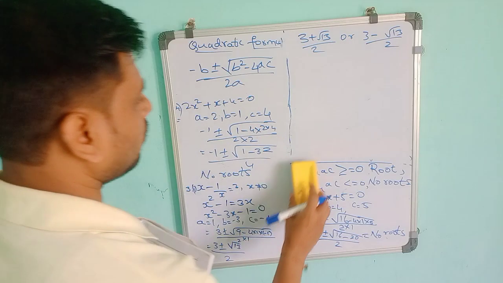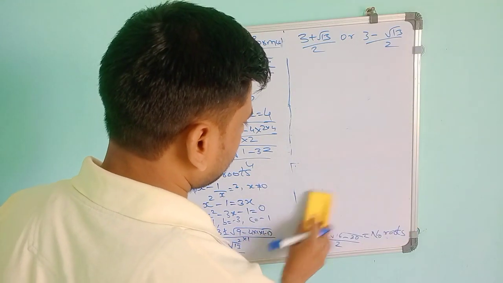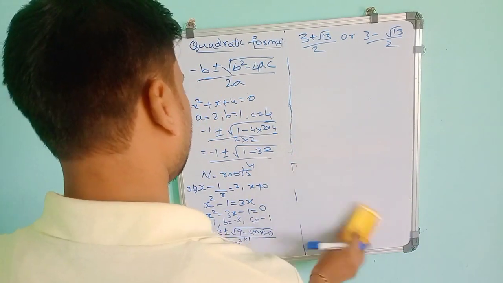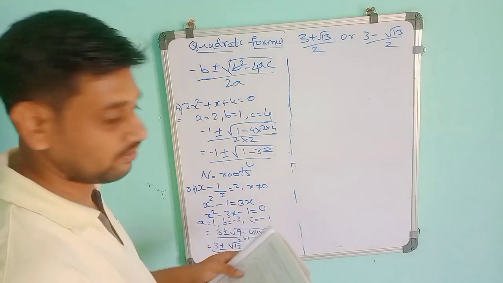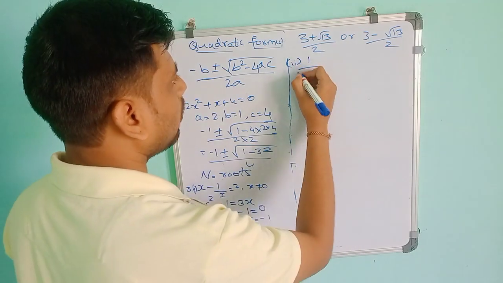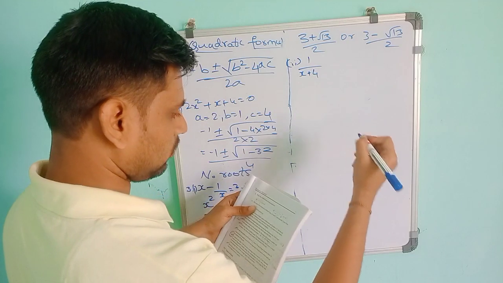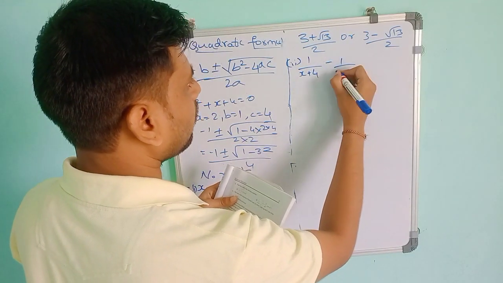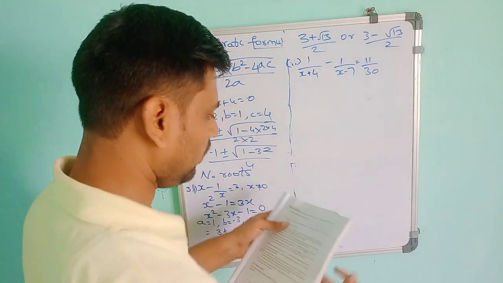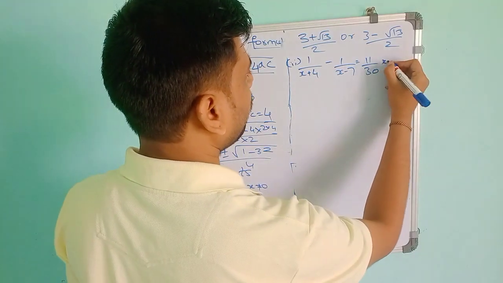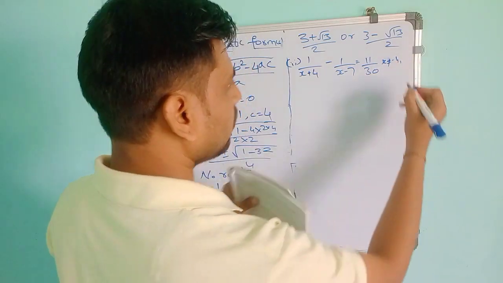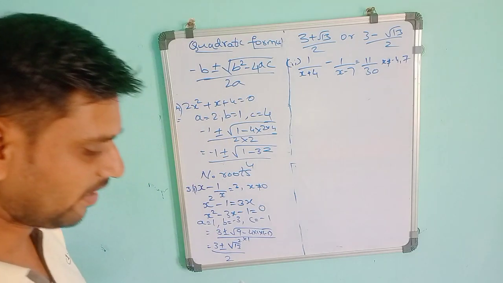The second question is like this: 1 by x plus 4 minus 1 by x minus 7 is equal to 11 by 30, and the condition given is x is not equal to minus 4, and x is not equal to 7. So the x value should not be minus 4 and 7.